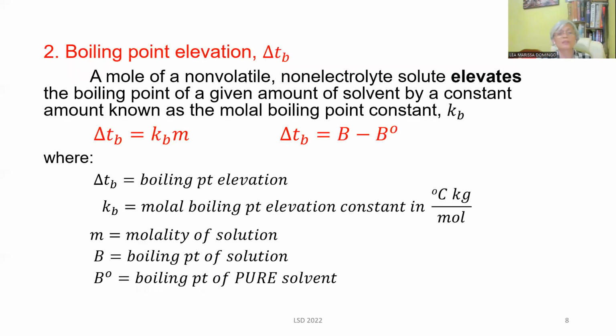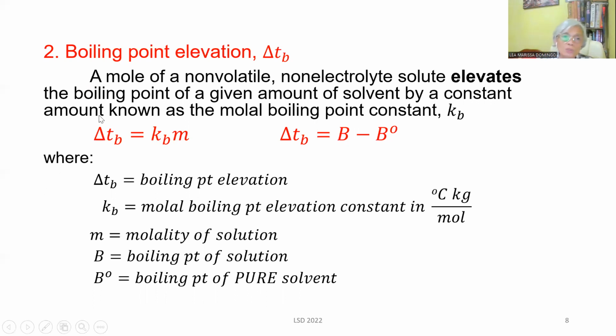No? Number 2, boiling point elevation, which is denoted by delta T sub B. So, ano yung sinasabi? A mole of a non-volatile, non-electrolyte solute elevates or increases the boiling point of a given amount of solvent by a constant amount known as the molar boiling point constant, or K sub B. Again, this constant is a constant per material, no? So iba ang K sub B ng water sa ibang solvent.